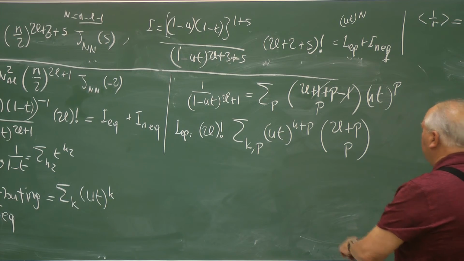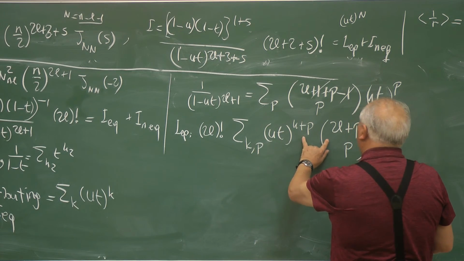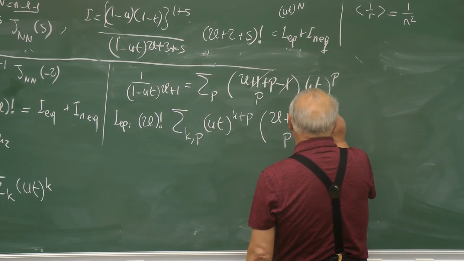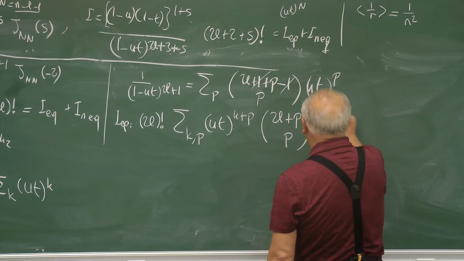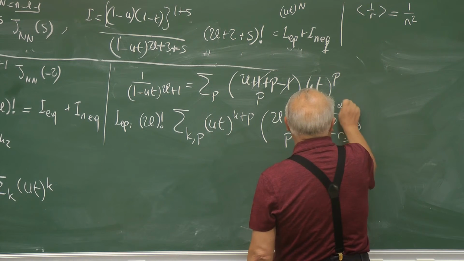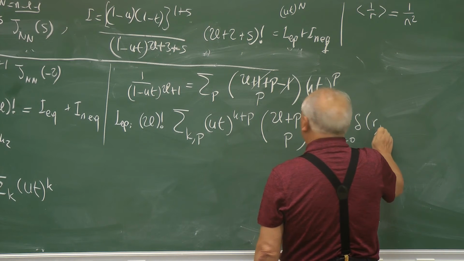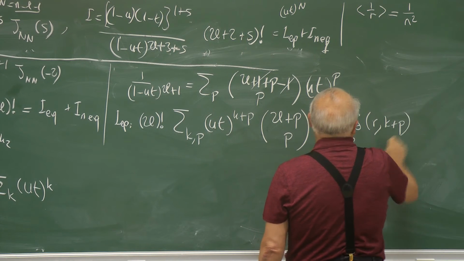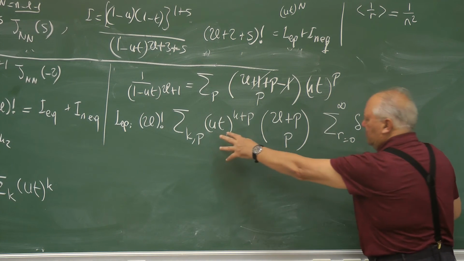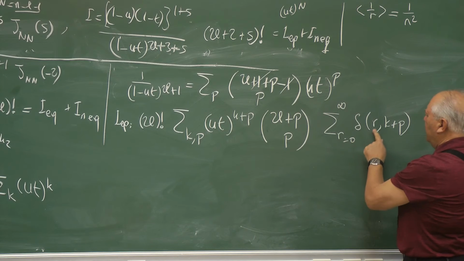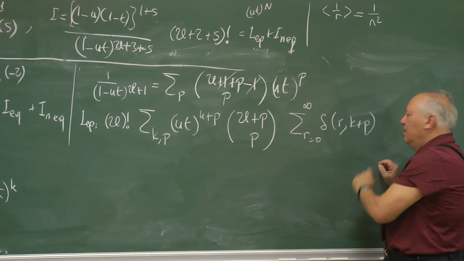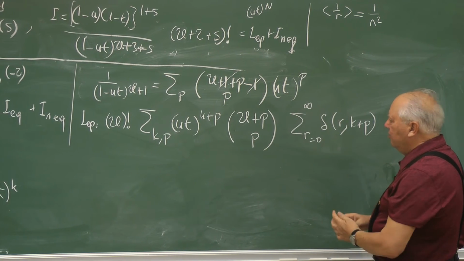Now, of course, there are many terms. To be able to control this sum better, let us multiply this by 1. And I will write 1 like this, sum over r from 0 to infinity, delta r, k plus p. So it is 1 if r is equal to k plus p, and 0 if not.